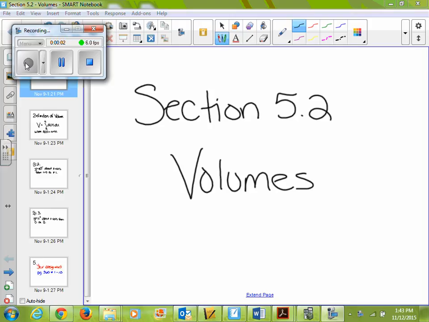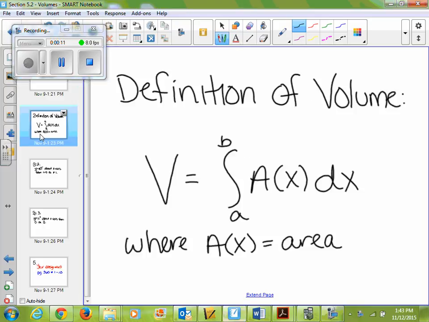Okay, so today we're going to go through section 5.2, which is on finding the volumes of things in your graph, using integrals. So we're going to look at the definition of volume, calculus style.